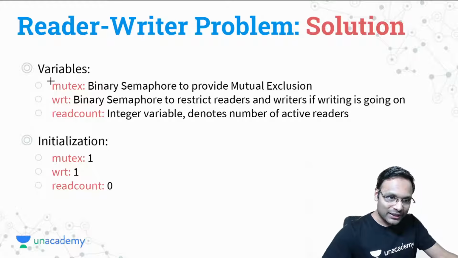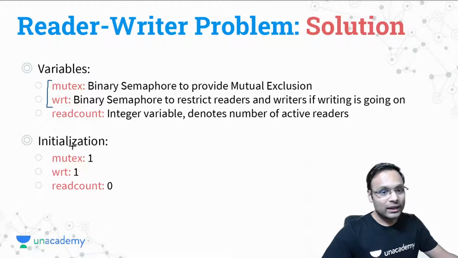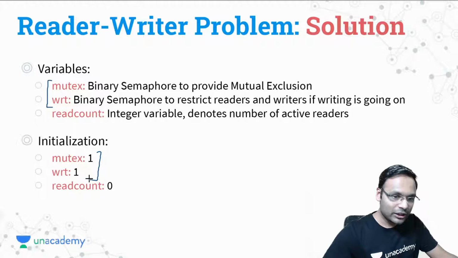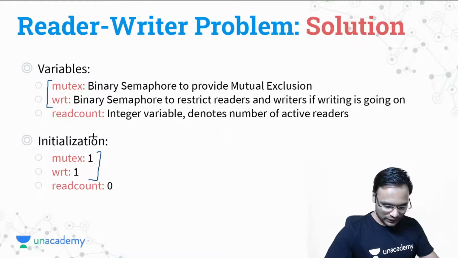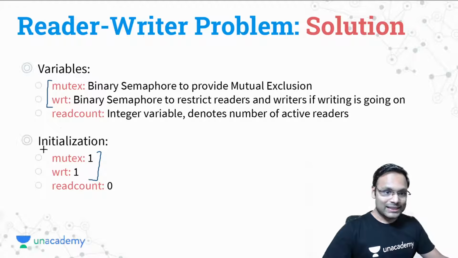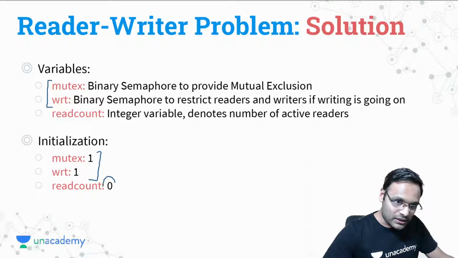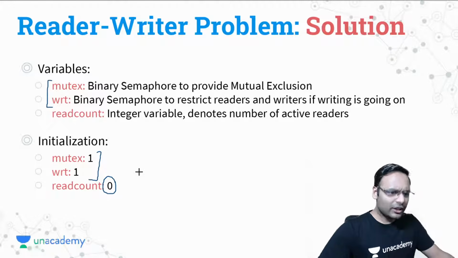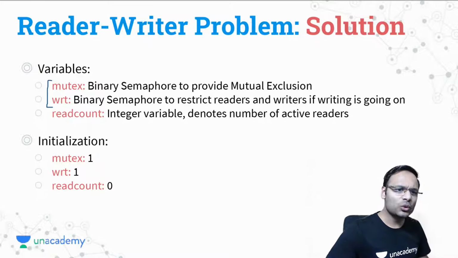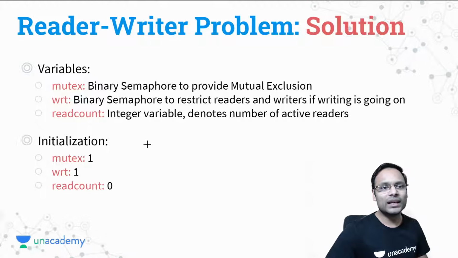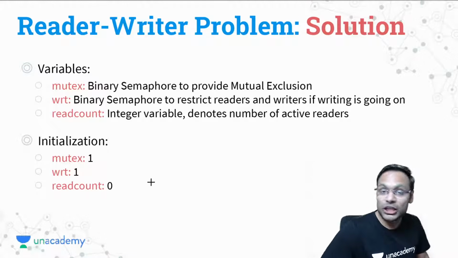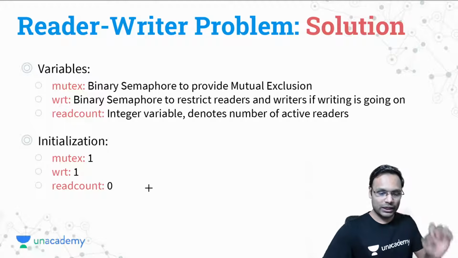Mutex and WRT are binary semaphores. We know that initialization should be done with 1 mostly, so we have done 1, 1. Second, read count is 0. Why? Just because initially read count 0 means there is no reader who is trying to read the file. Initially no reader, no writer, so read count is 0.